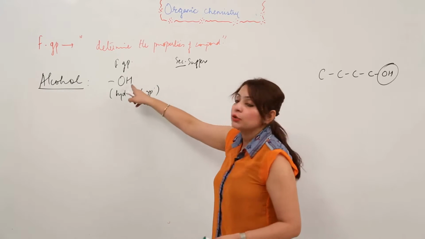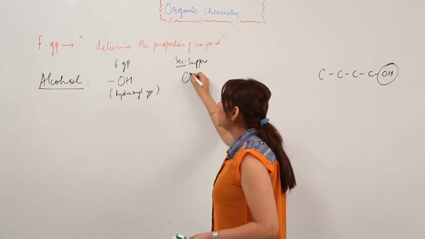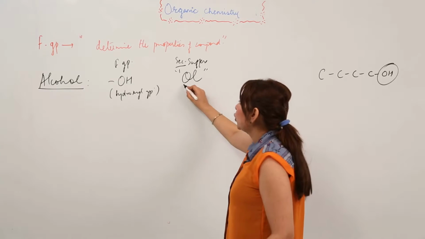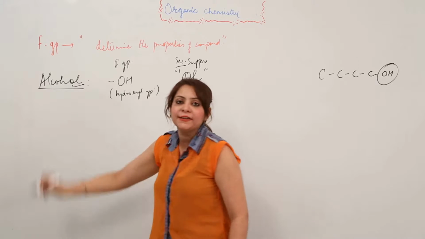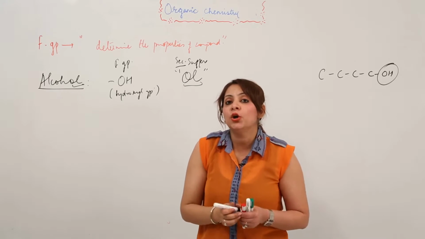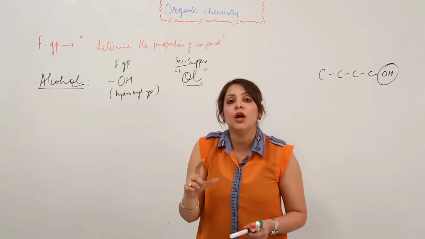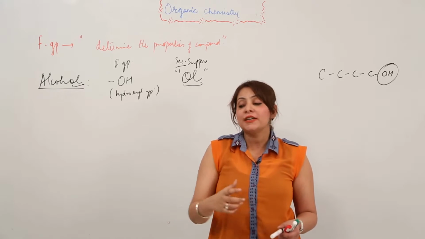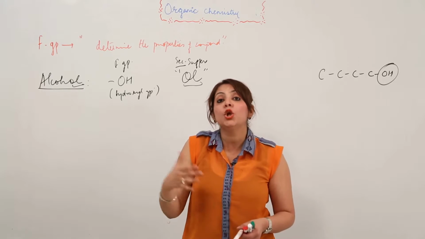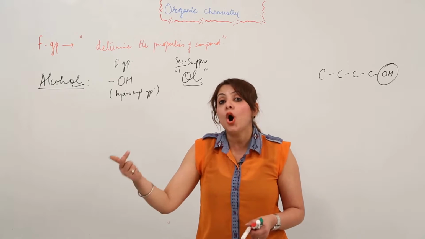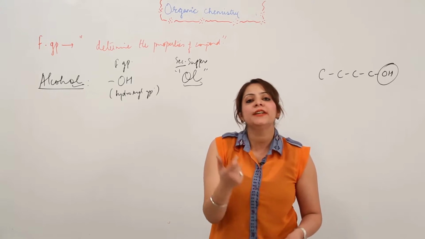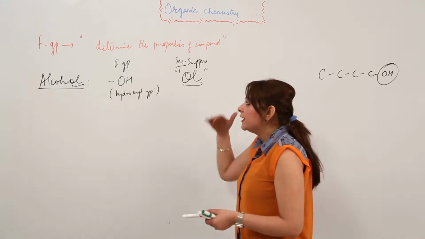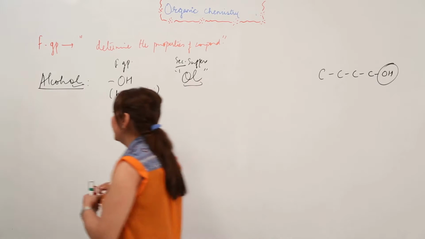So if there is an OH group present, the suffix you are going to use will be ol, right? If it is alcohol, then the suffix is ol, like methanol. If I say I have a carbon compound named methanol, its name ends with ol. So just listening to the name of the compound, it should be clear that it is an alcohol, right? So this is the first important functional group.